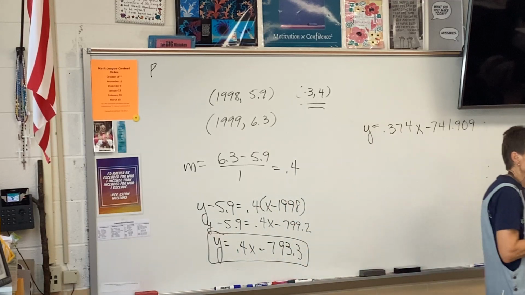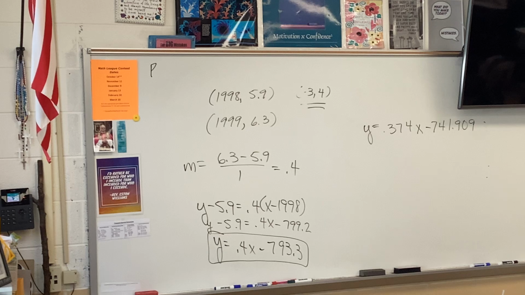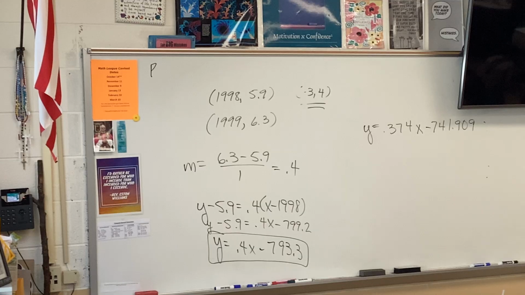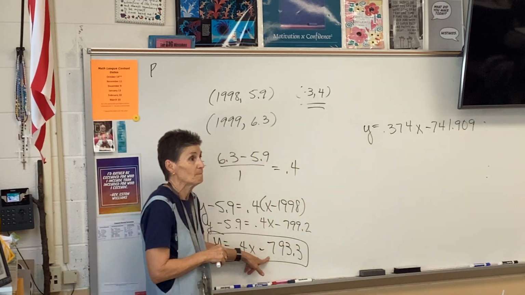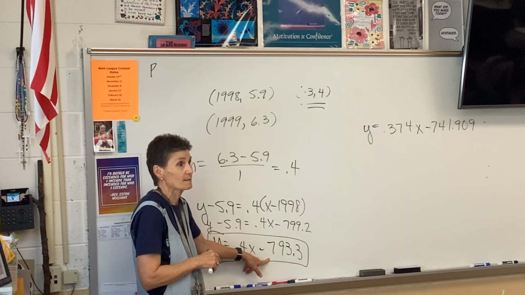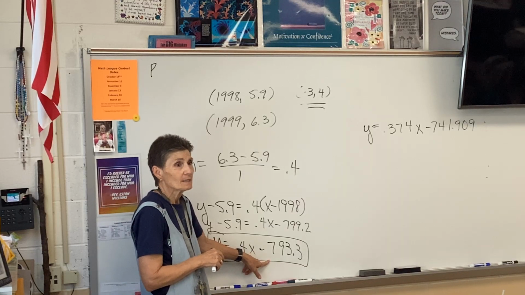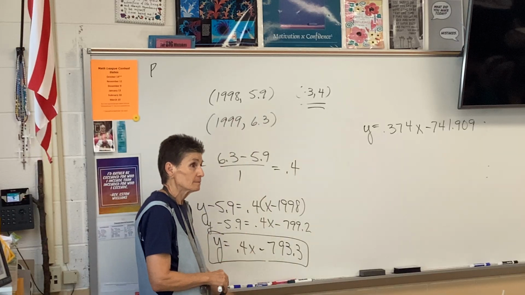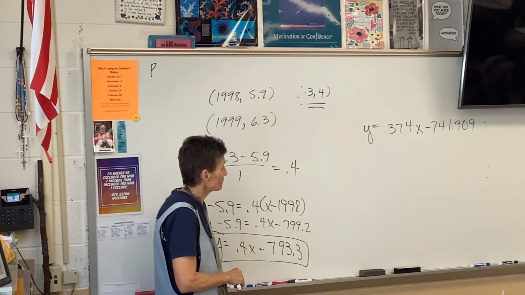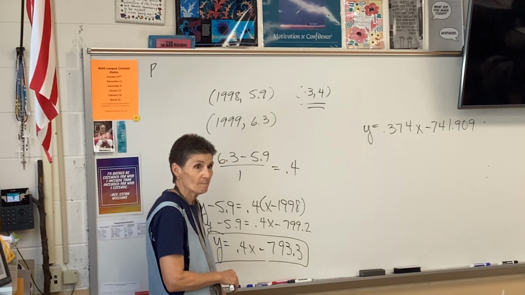That means that the equation, we call it the line of best fit, the equation that fits the data most perfectly, nothing's gonna fit it perfectly, but the equation that fits it most perfectly is that one right there. Now, how close is that one to the one we came up with just using the first 2 points? Well, it's not bad. It's off, but it's not too bad. Is that all right? Okay.